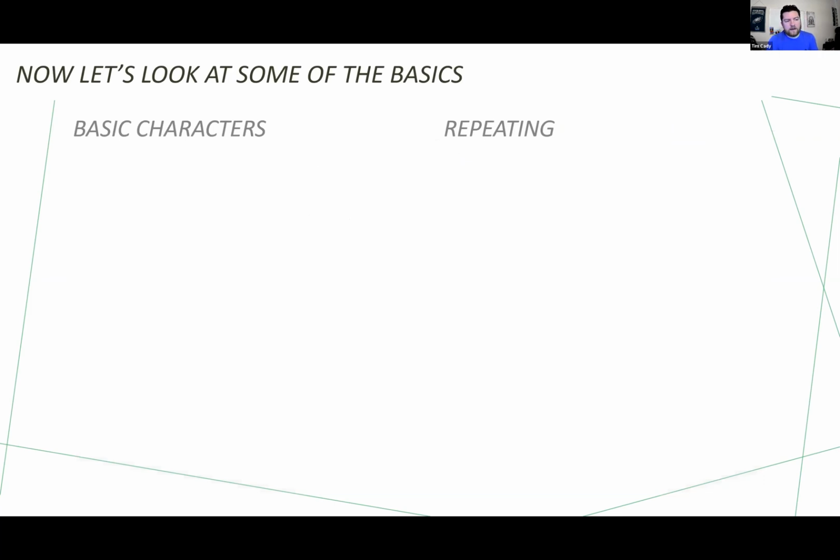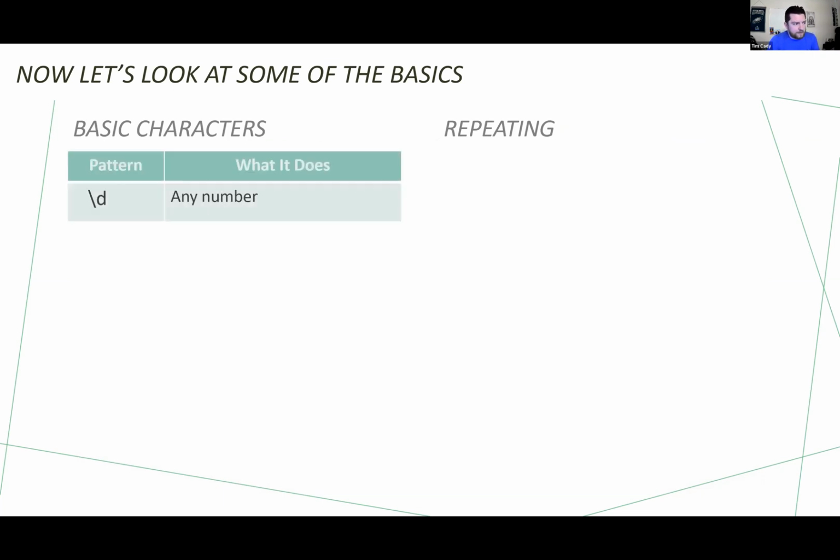What we're going to talk about next are some of the basic characters and syntax used in regular expressions. And some of these we already talked about from our example. \d is going to return any sort of number. If you capitalize that D, which, side note, regular expressions are case sensitive, you'll see that quite a bit throughout the next couple slides here, it's going to return to you anything but a number.